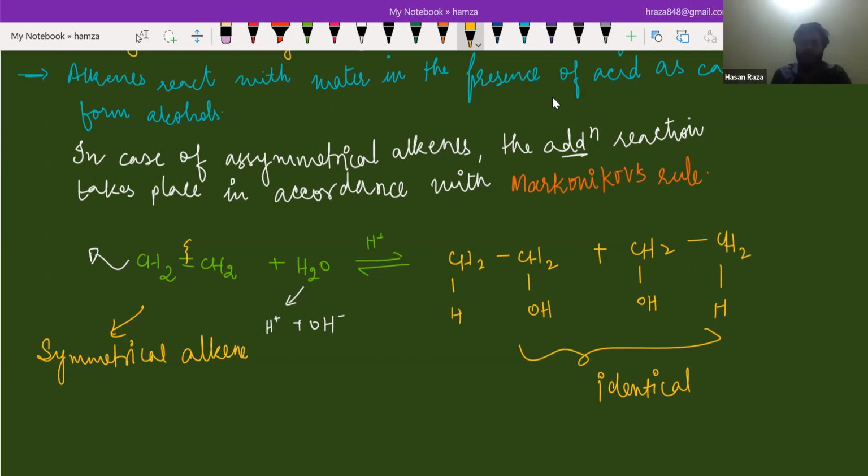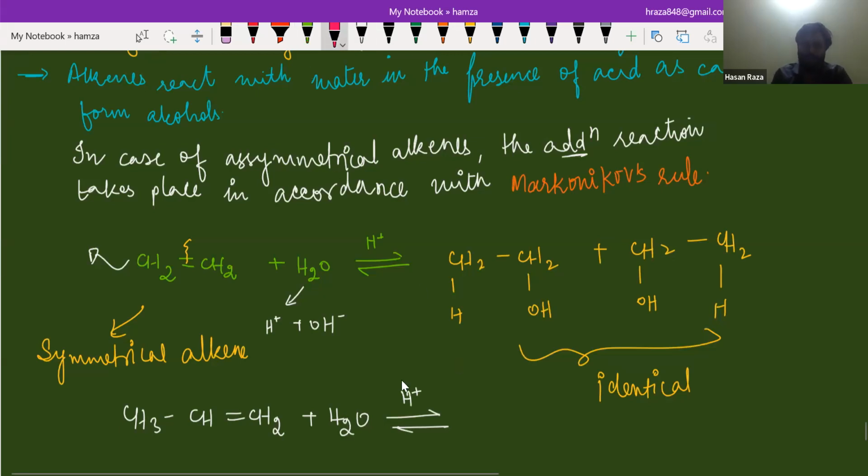Now focus here. If you have an asymmetrical alkene, like propene, CH3 CH double bond CH2, and you react it, hydration takes place, that means water in the presence of acid, which will act as a catalyst.